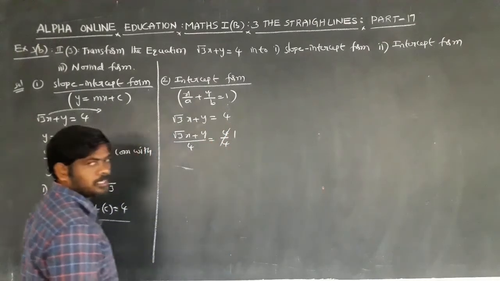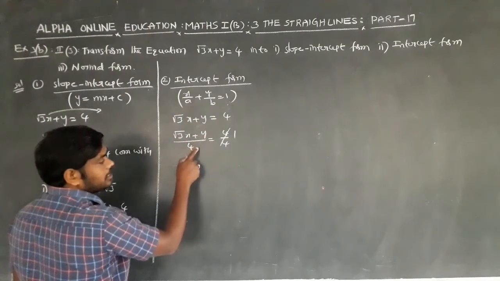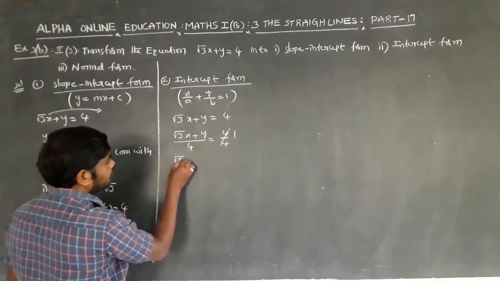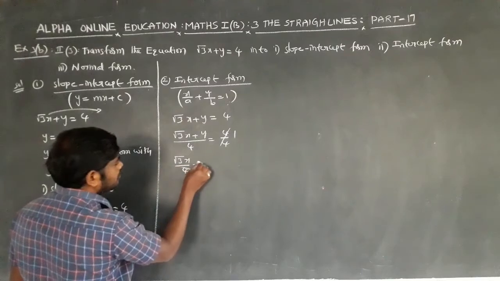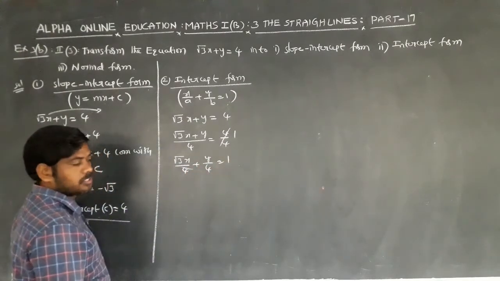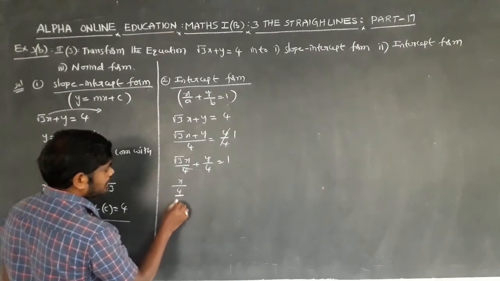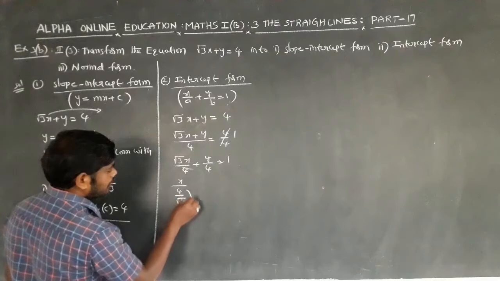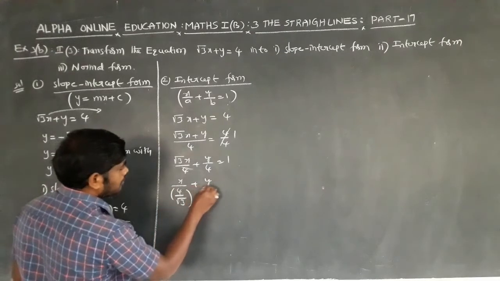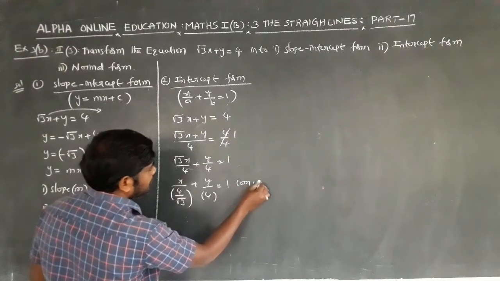Four ones are 4. On the left side, (√3x + y)/4. So √3x/4 + y/4 = 1. Again, write √3 in the denominator: x/(4/√3) + y/4 = 1.